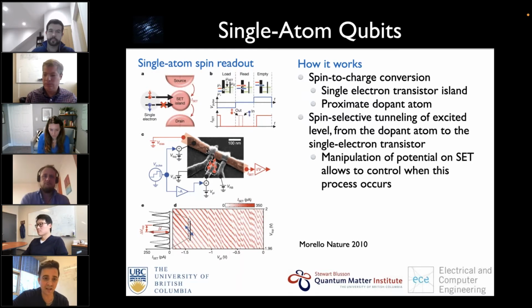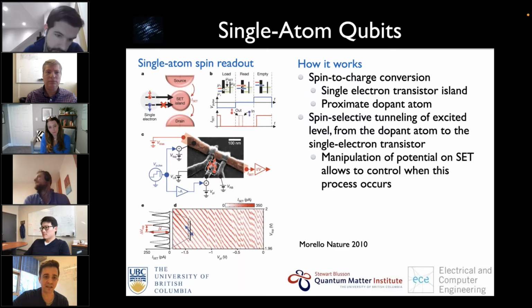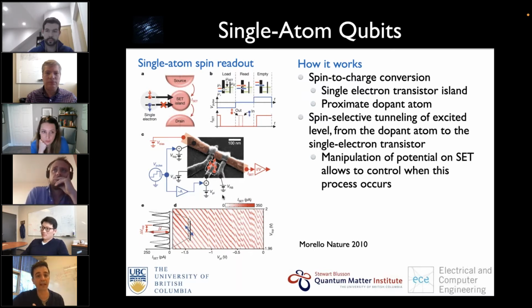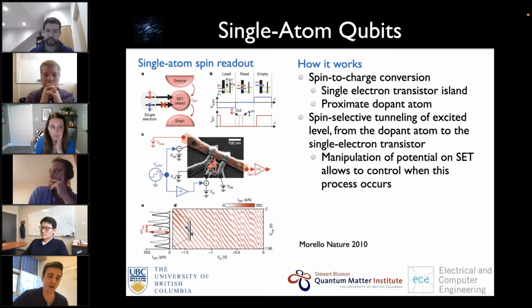So you have a single electron transistor here, and proximate to that, a few dopant atoms. I'm not going to go into too much detail other than to say that one of the electron spins on these atoms can tunnel to the single electron transistor. By doing so, the single electron transistor sees a different amount of charge on this collection of dopant atoms. That allows you to read out the spin degree of freedom, because the motion of the electron to the single electron transistor depends on whether the spin is up or down, and that's because of the Pauli exclusion principle.